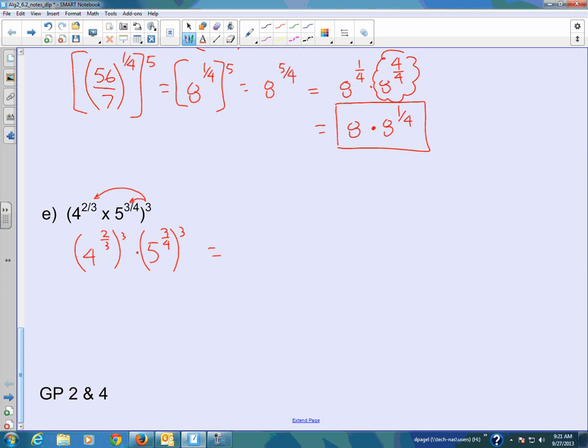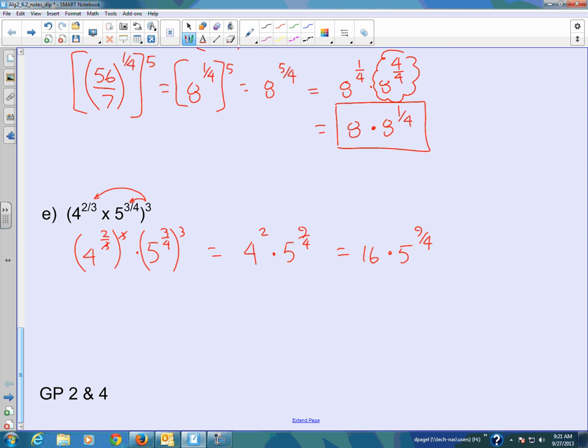And that becomes 4 to the 2nd power, because the 3 and the 3 are going to cancel. And then 5 to the 9/4 power. And 4 squared is 16 times 5 to the 9/4 power.